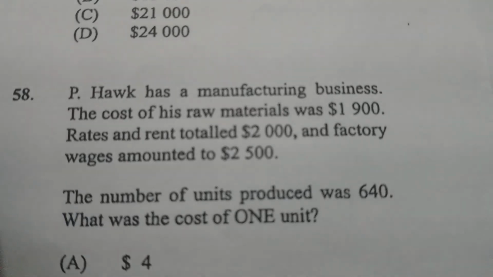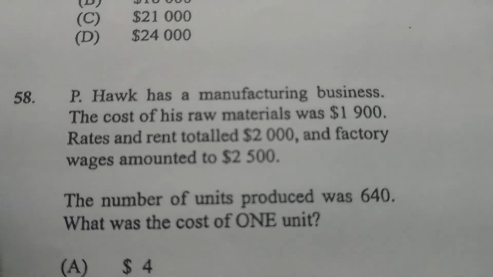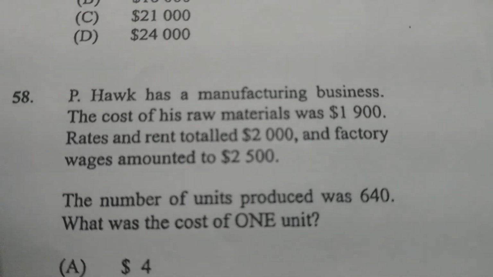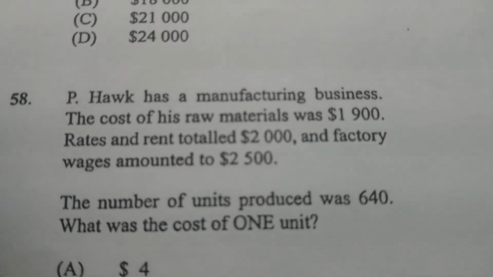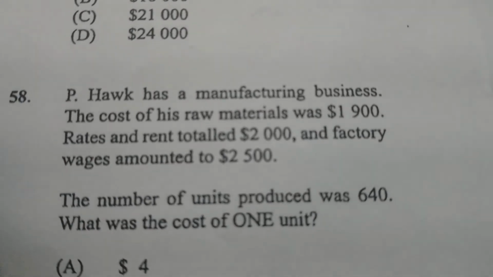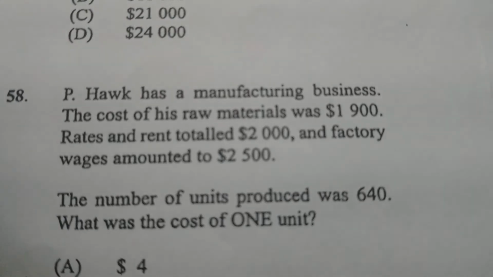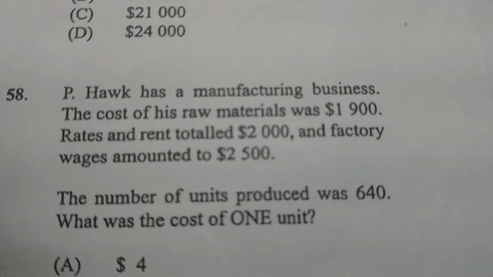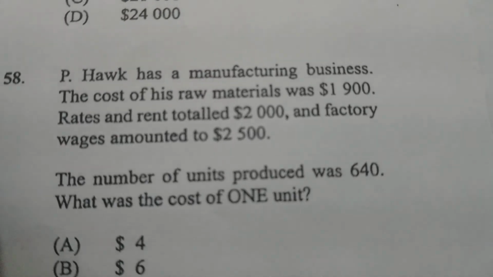58. P. Hawk has a manufacturing business. The cost of his raw material was $1,900. Rates and rent total $2,000, and factory wages amounted to $2,500. What is the unit produced?